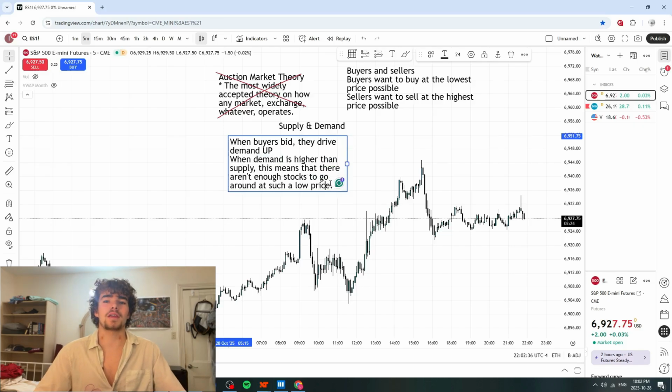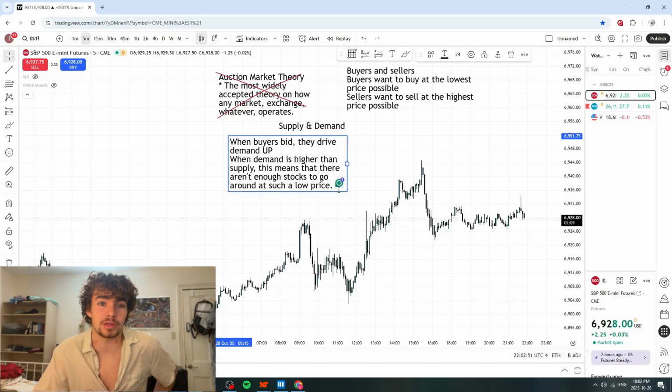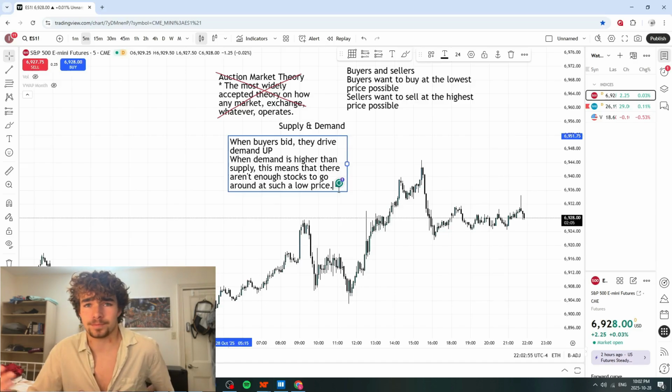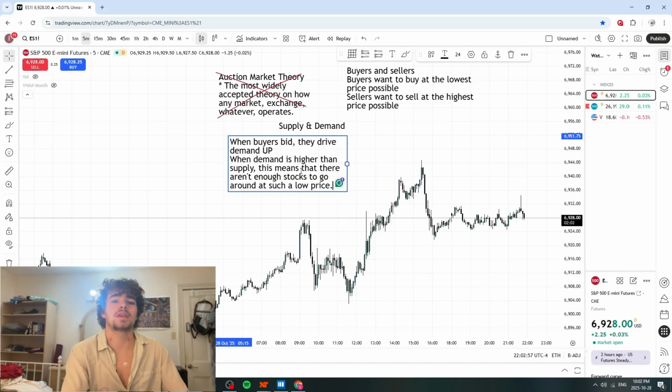When people are buying a stock, they're always going to go for the lowest one possible because of market orders, which operate at the lowest price possible. Not everyone's getting into the market off of a limit order. Market orders always go to the lowest price possible, or the highest price possible if it's a sell market order. But this means that there aren't enough stocks to go around at such a low price.